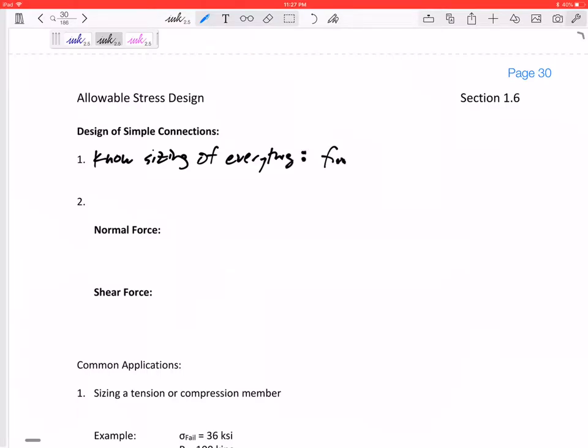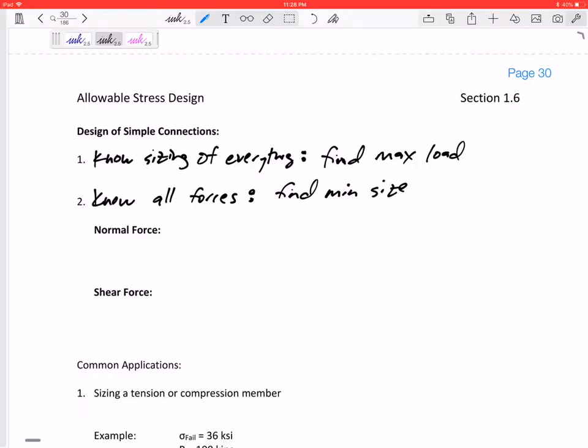And you're going to find the maximum load, or what's the maximum weight that this can withstand? What's the maximum force that this can withstand? Or the opposite of that. You might know all the forces, and a lot of times you want to find the minimum size that you need.